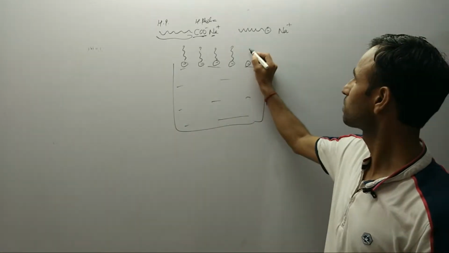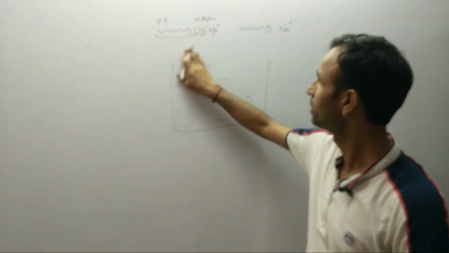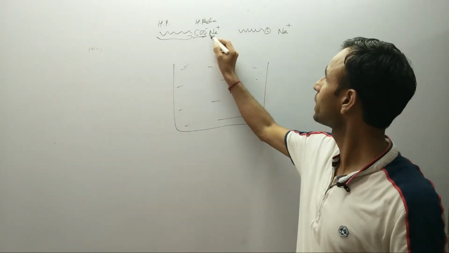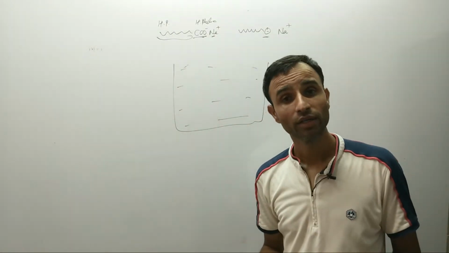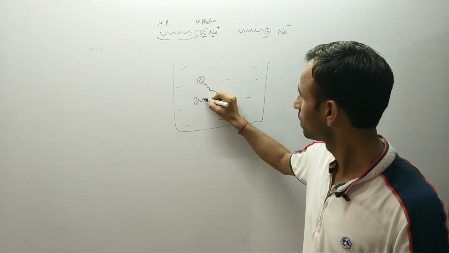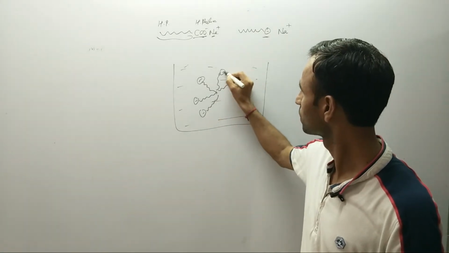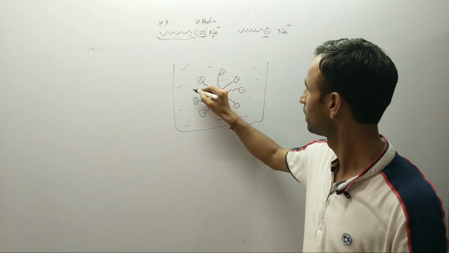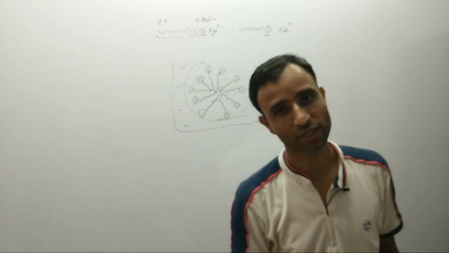So it behaves like this at low concentration, but when concentration increases, these particles enter into water, but only the negative part is attracting water and the rest of the part is repelling. That's why they come near to each other like this, and in this way micelle formation takes place.